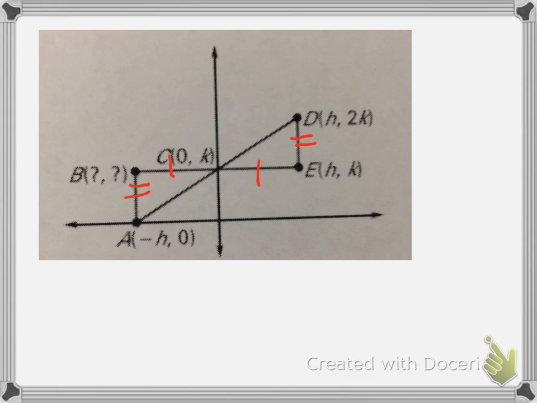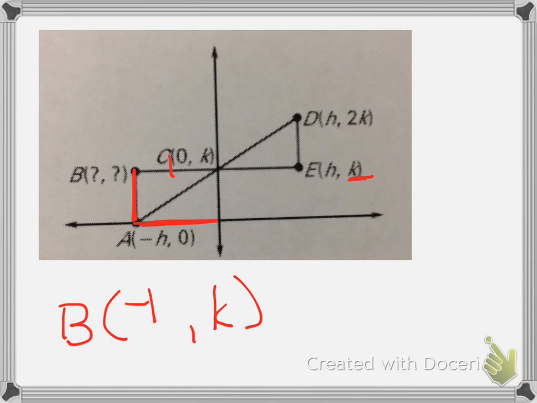So this one's actually fairly easy. Okay, so we're looking for B. Alright, so we know that the distance from here to here is k, right, because it goes up k. And then the distance from here to here is negative h, because it's the same as this distance right here. So for b, you should have gotten negative h and k.